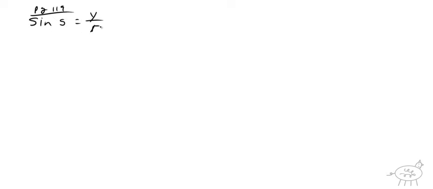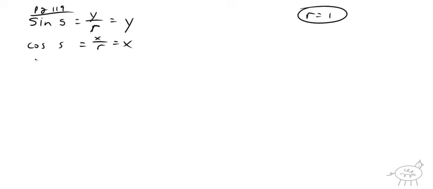Well, r is 1 because we're talking about a unit circle, so that means it's equal to y. And cosine of S is equal to x over r, so that's equal to x. Tangent of S doesn't change, because it's just y over x.